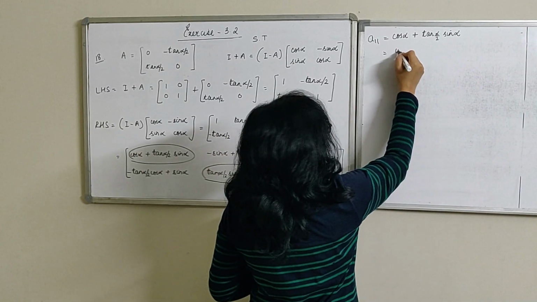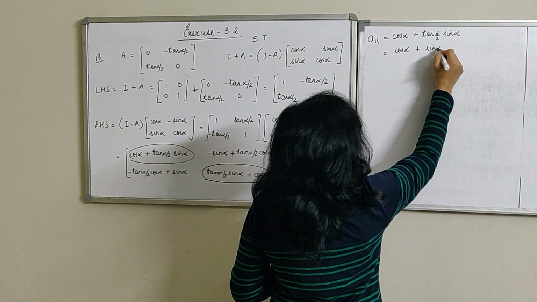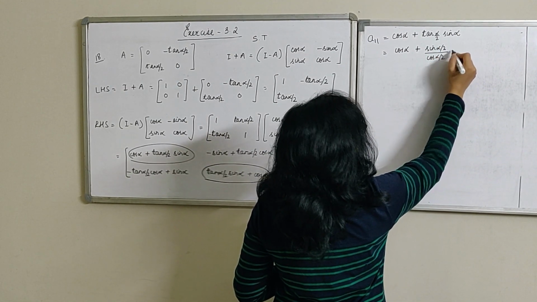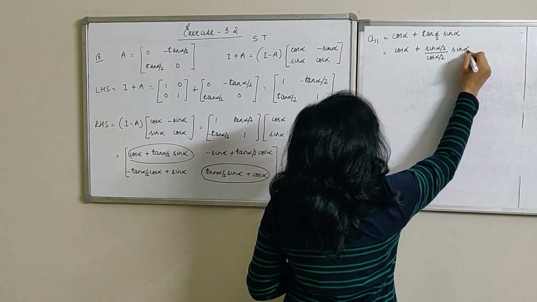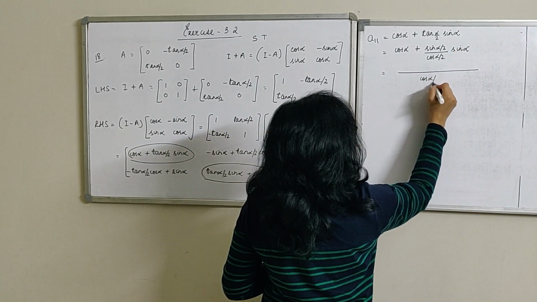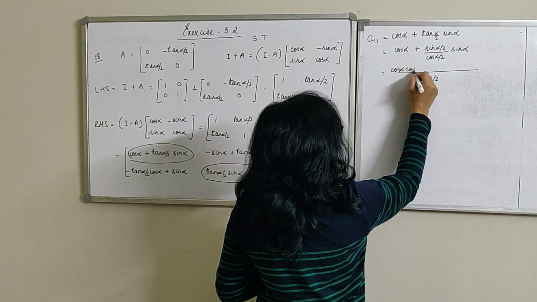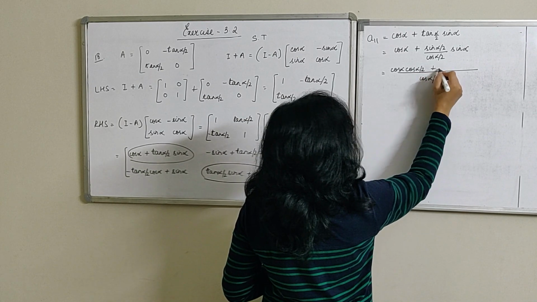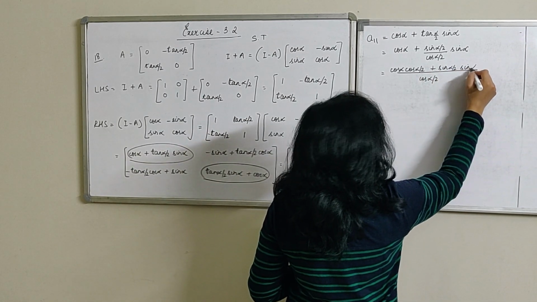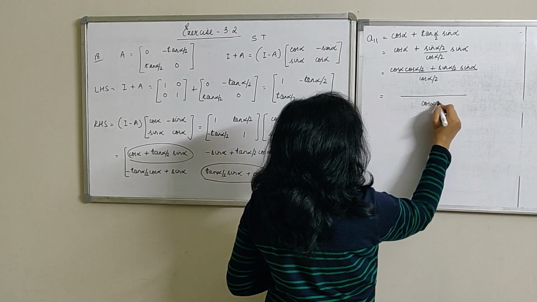One of the ways of simplifying the expression is to write down the tan ratio in terms of sin and cos and take LCM, cos alpha by 2. So this is cos alpha into cos alpha by 2 plus sin alpha by 2 into sin alpha. Denominator is cos alpha by 2.